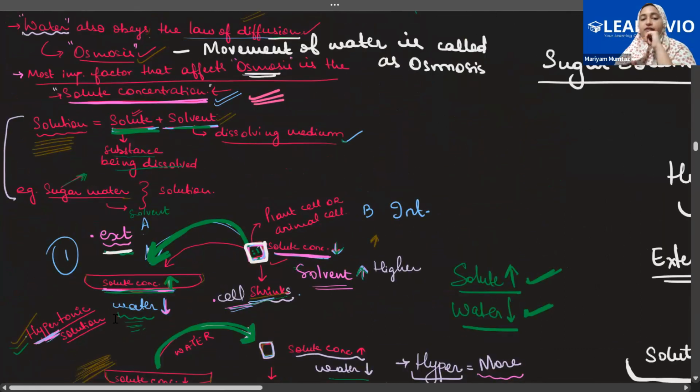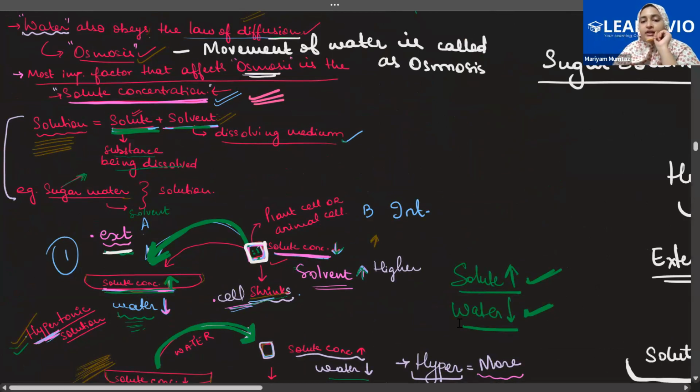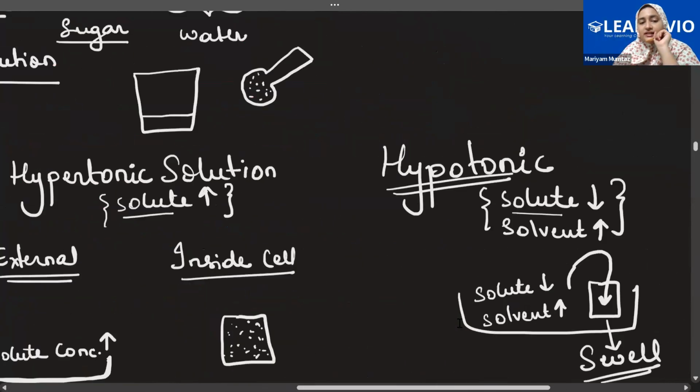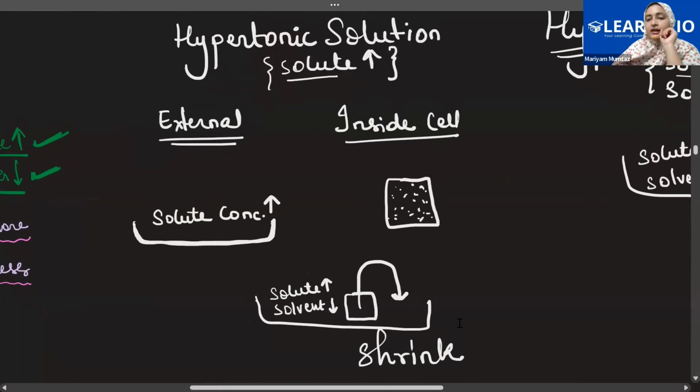Now see, hypertonic solution, here we have to consider two conditions. We have to consider a cell and then an external environment. Now, what happens in this case if we talk about hypertonic solution? Inside the cell, normal water content, cytoplasm, all of these things are present.